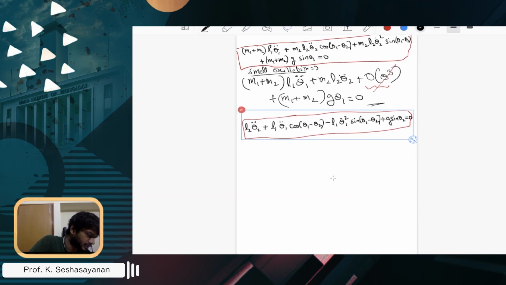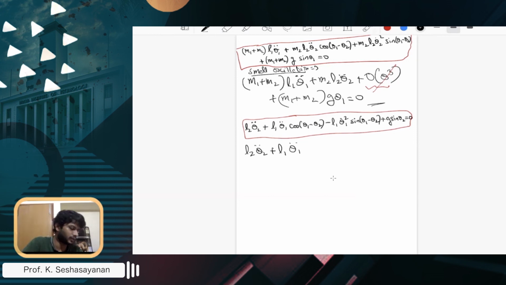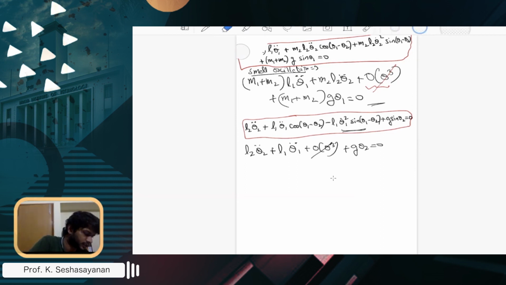so that gives us L2 theta 2 double dot. So again here you can say cos of (theta 1 minus theta 2) is approximately equal to 1. So one gets L1 theta 1 double dot. And here again we have order theta cubed, which you can neglect, and one gets g theta 2 equal to 0. So I'll just remove these two terms.